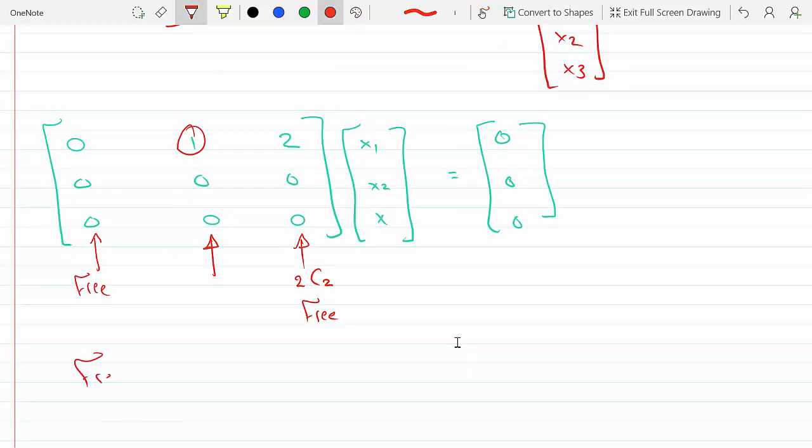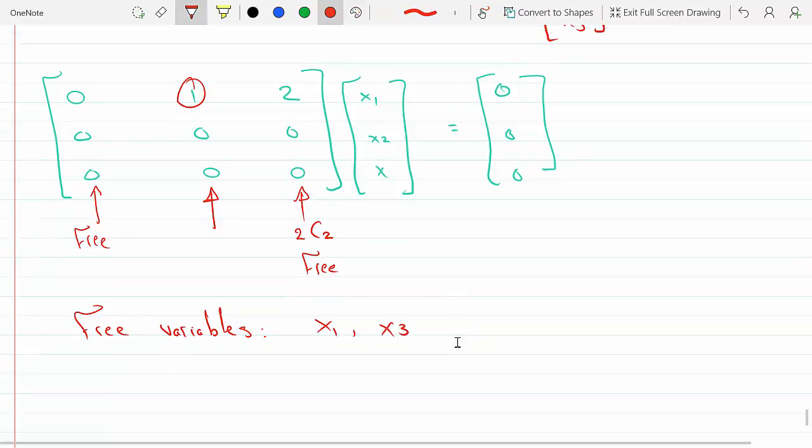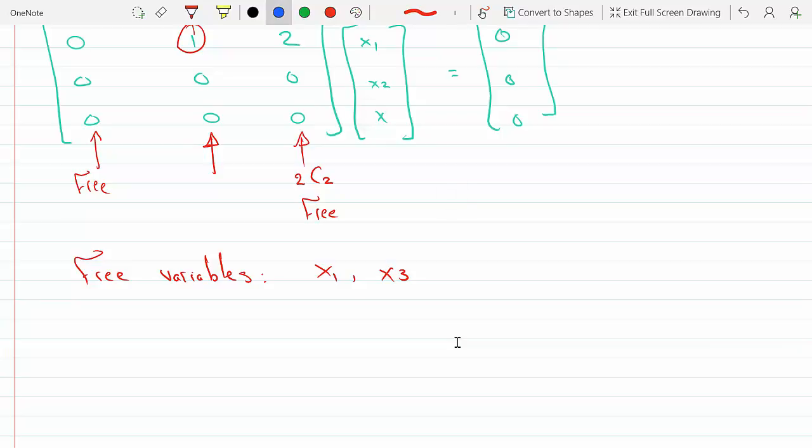The free variables are the variables represented by the free columns. In this case, they will be x1 and x3. To find the special solutions, I will first let x1 equal 1 and x3 equal 0, and then find what x2 is from the equation in the matrix.